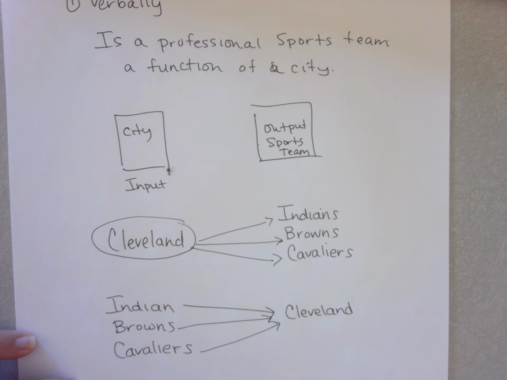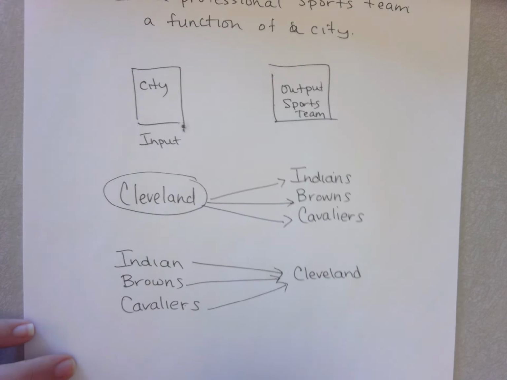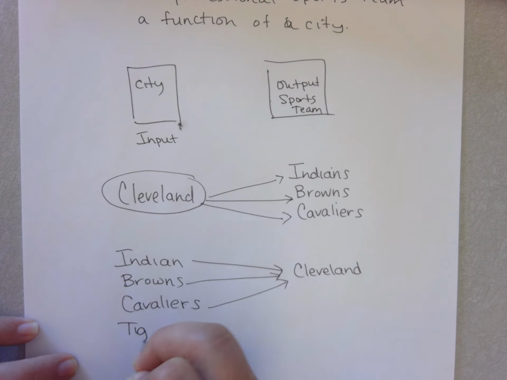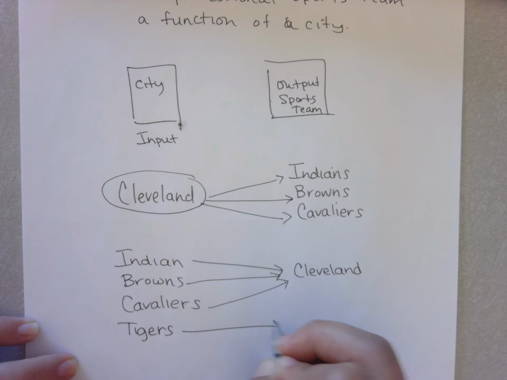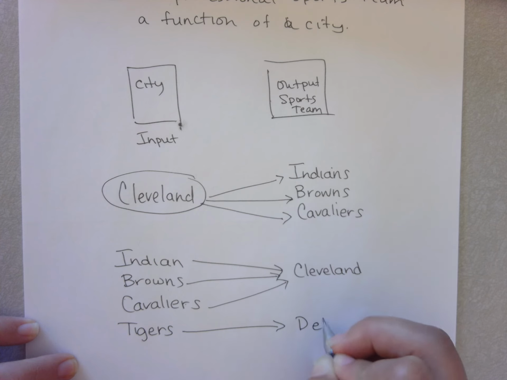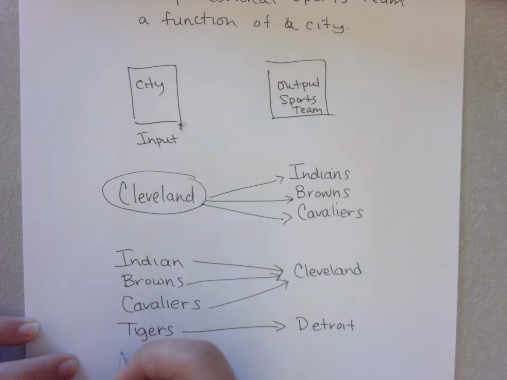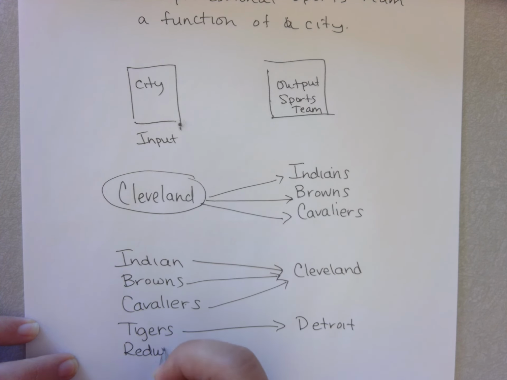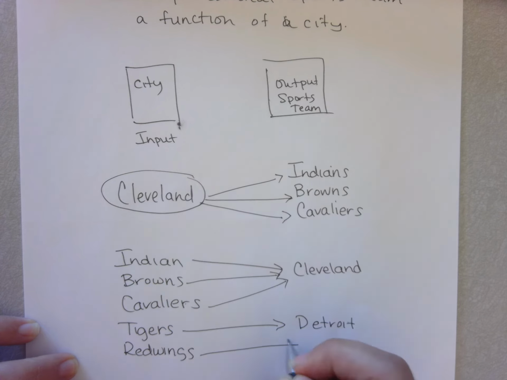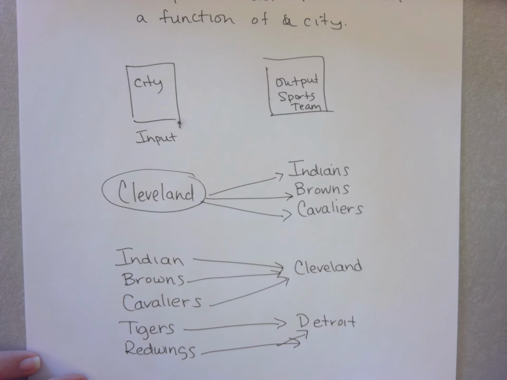It's okay for different elements in the domain to match up with the same element in the range. If I could add the Tigers here, that would match up with Detroit. Also, if I put the Red Wings here, that could also match up with Detroit, the same element. This is still a function because there's no other Tigers.